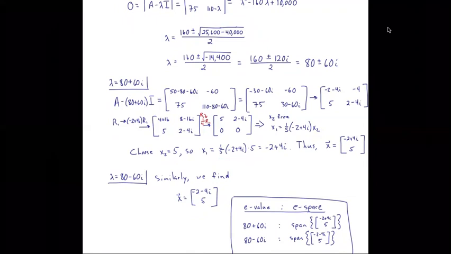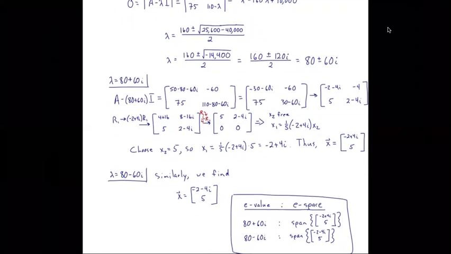The multiple of 5 and 1/5 cancel, and we're just left with negative 2 plus 4i. That gives us a pretty clean looking eigenvector of x equals negative 2 plus 4i, 5. So there we are. We had a complex eigenvalue, and from it we get a complex eigenvector. We'll generally see at least one complex number show up in the eigenvector of a complex eigenvalue.